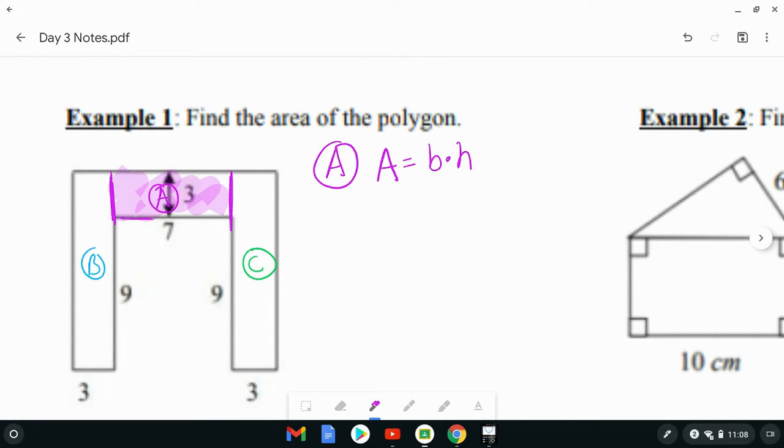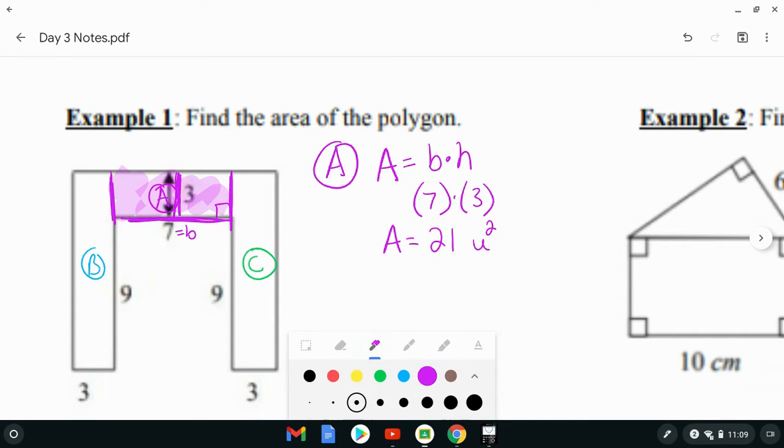In order to find this area, we have to know the base, which they give us, is 7. And then the height remember is that distance at a 90-degree angle from the base to the opposite side. So we know that this one is 3. Putting those together, the area of shape A would be 21 units squared. Awesome, done with shape A.